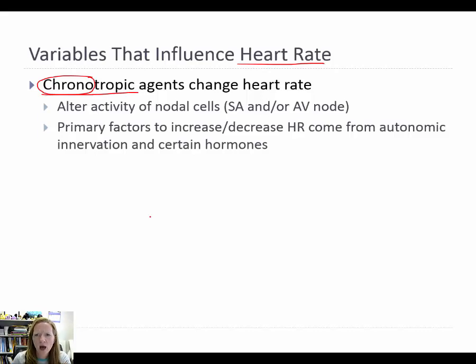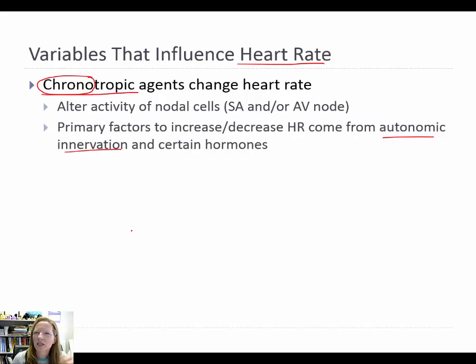We've talked about how there is something that goes in and changes heart rate, and that was the autonomic nervous system, the autonomic innervation. That's going to be one of the primary factors that increase and decrease heart rate, and also certain hormones.